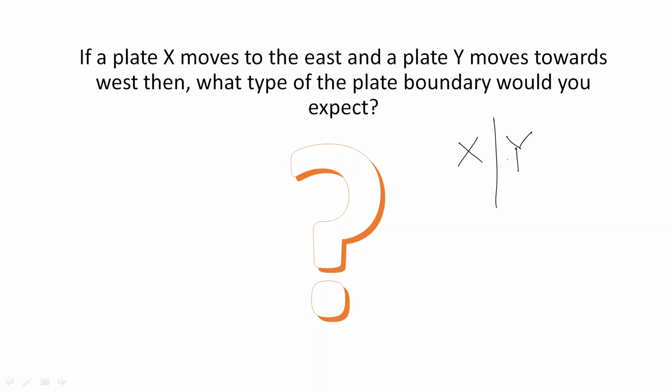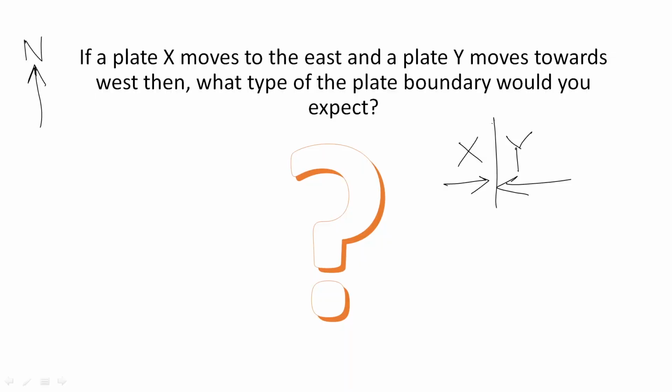So, what type of plate boundary would you expect here? If I take the upper side as north for our understanding purpose, and your plate X is moving towards east and plate Y is moving towards west, then what kind of boundary might you expect?